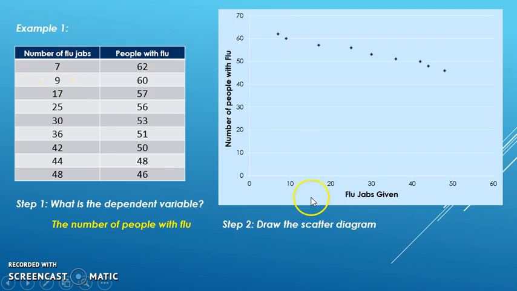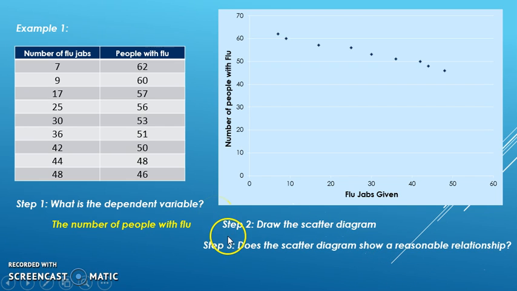And when the number of flu jabs were 9, the number of people with flu were 60, and so on. So let's go on to step 3. Does the scatter diagram show a reasonable relationship? Well, yes, of course it does. It shows a strong negative correlation. As the number of flu jabs increase, the number of people with flu decreases. So this is a strong negative correlation.